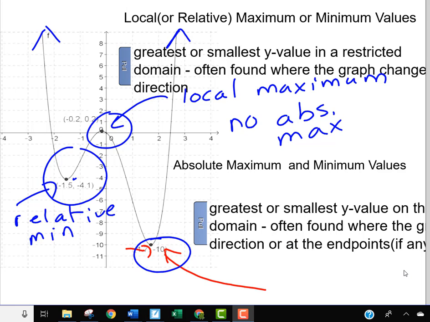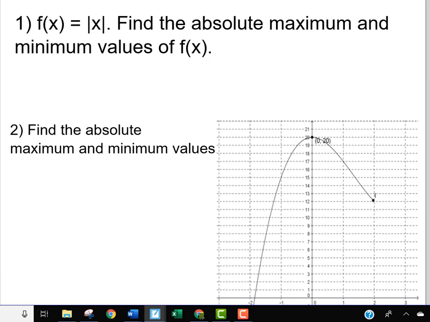All right, let's try a couple examples. Number one, if the function is f of x equals the absolute value of x, find the absolute maximum and minimum values of f of x. I picked a relatively easy function.